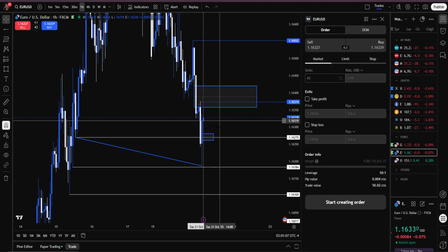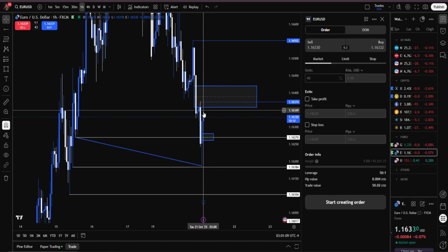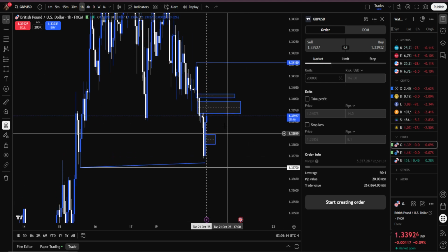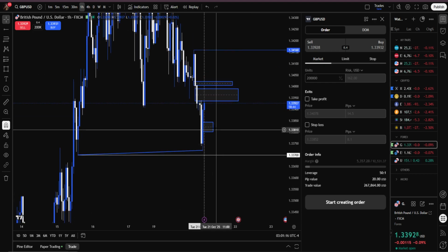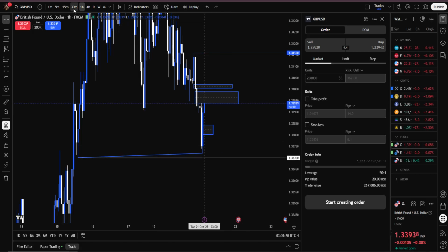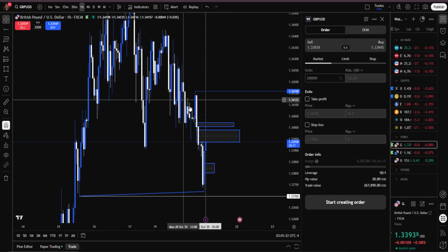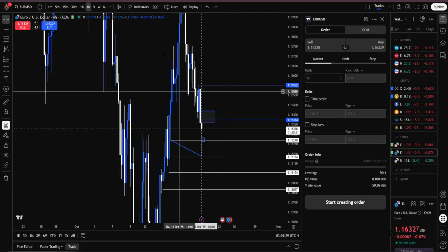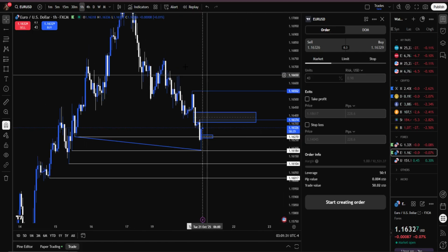If we get confirmation before Euro pushes into this, then Euro will likely sweep these lows and GBP will likely sweep this gap, and maybe, if we're lucky, GBP would also sweep this low right here. So we're bearish because if you look at the trend, we're bearish on the 4 hour and bearish on the 1 hour on GBP USD, and on Euro USD, bearish on the 4 hour and bearish on the 1 hour.